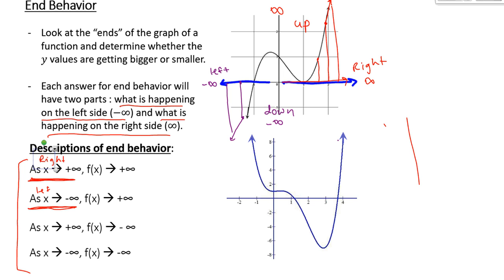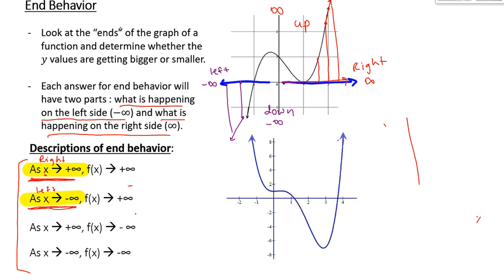And this one is the left side. Now, how do you know the difference? Well, if you're on the x-axis and you go to positive infinity, then you have to go to the right direction. If you're on the x-axis and you're going towards negative infinity, then you're going left on that x-axis. So you'll always have two statements, and they will always look like this. Always, always, always. You'll have one of these and one of these.